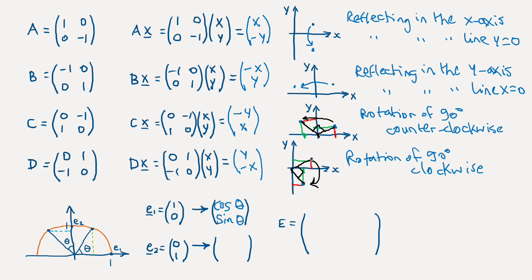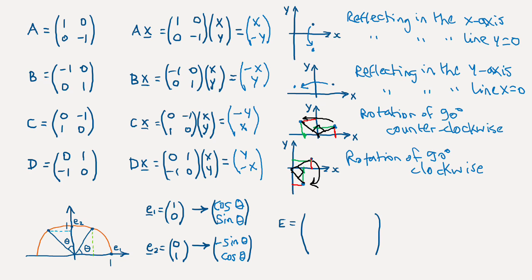And then let's do the same thing for E2. So 0, 1, where's that going to go? The x coordinate now is this blue dashed line. That's opposite the angle, so that's going to be the sine of theta, but it's in the negative direction. So this is minus sine theta. And in the y direction, it's going to be this side of the triangle, and that's adjacent to the angle theta, so that's going to be the cosine of theta, and it's in the positive direction. So cosine of theta.